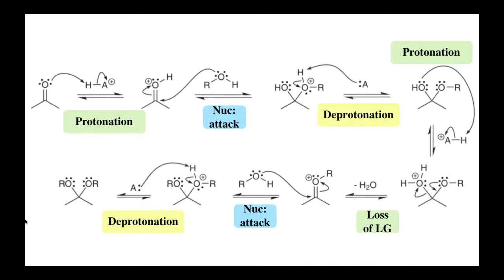Perfect. And that gives us our acetal, two alkoxy groups. So students, summarizing, it's two protonations, two deprotonations, two nucleophilic attacks, and one loss of a leaving group that give us our acetal. If we're trying, however, to just go to our hemiacetal, it's just these three steps: protonation, nucleophilic attack, deprotonation.